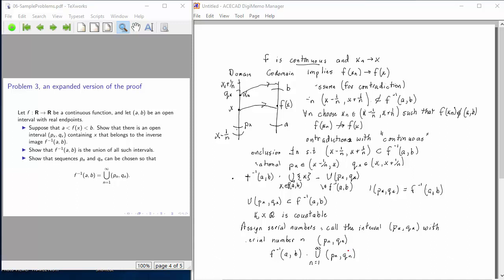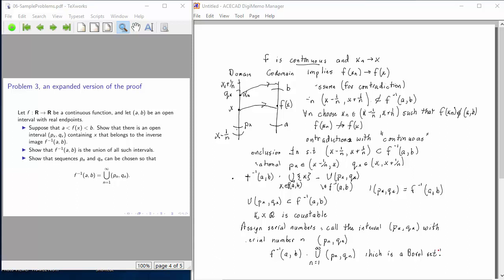This open interval is a Borel set. The Borel sigma field was defined as the smallest sigma field that contains all open intervals from real number A to real number B. This inverse image is a union of infinitely many of these, but it's only a union of countably many, and in a sigma field, a countable union of elements of the sigma field is also in the sigma field, and therefore this union is a Borel set.